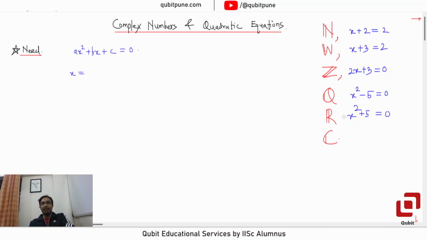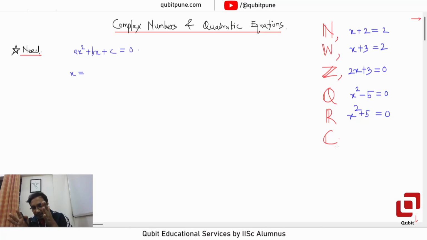And there is a fundamental theorem of algebra here, like we have the fundamental theorem of integral calculus, which says that if we have a polynomial equation of nth degree whose coefficients are complex numbers, then it is going to have n roots in the set of complex numbers. Meaning, it is never going to happen that a polynomial equation of nth degree with complex coefficients does not have a root in the set of complex numbers.